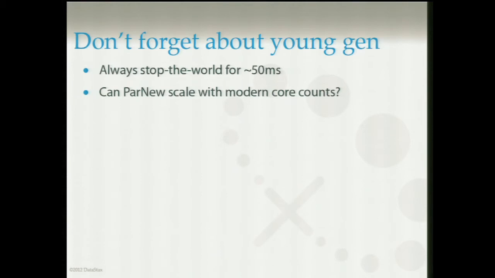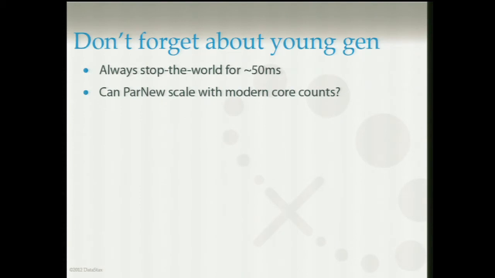But at the same time, if you increase your young generation to not tenure that data that your increasing number of cores is throwing at it, then the ParNew collection is going to take longer and have a longer pause time. So there's a tension there.